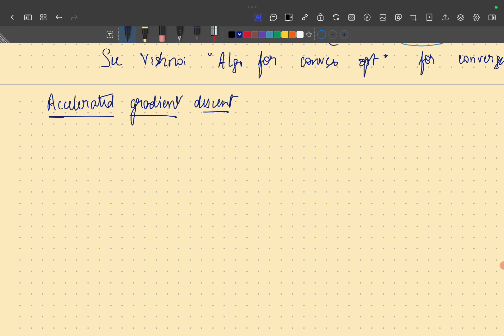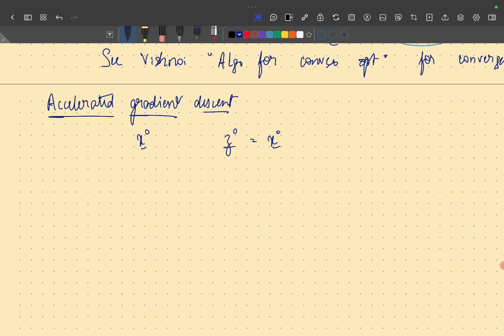And it works as follows. You start with an initial point, let's call it x0. I'm going to have a bunch of different variables. So I'll define z0 to be equal to x0.